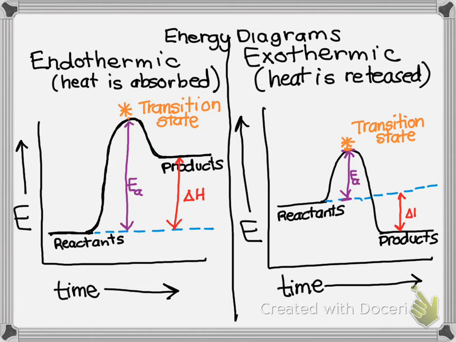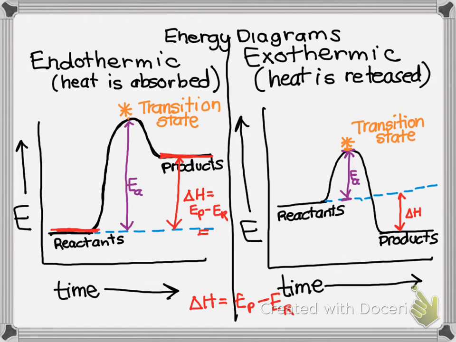Now, delta means change. So if I was going to write delta H as a general form, delta H always equals the energy of the final one, which is the products, minus the energy of the reactants. So if I look here and I say the energy of the products minus the energy of the reactants, if you're looking very carefully at this, products are higher than the reactants.